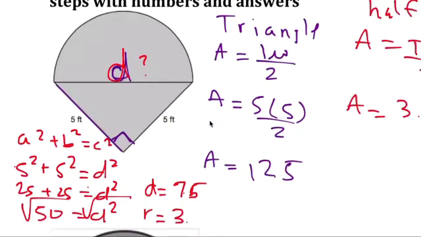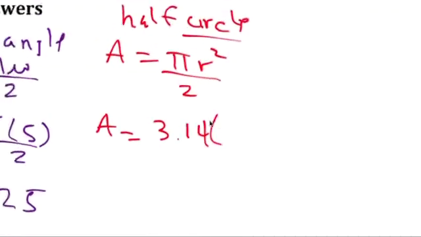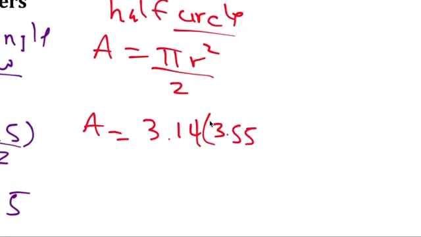Radius then is half of 7.1. Half of 7.1 is 3.55. So that's the radius. You get 39.6 for the numerator.